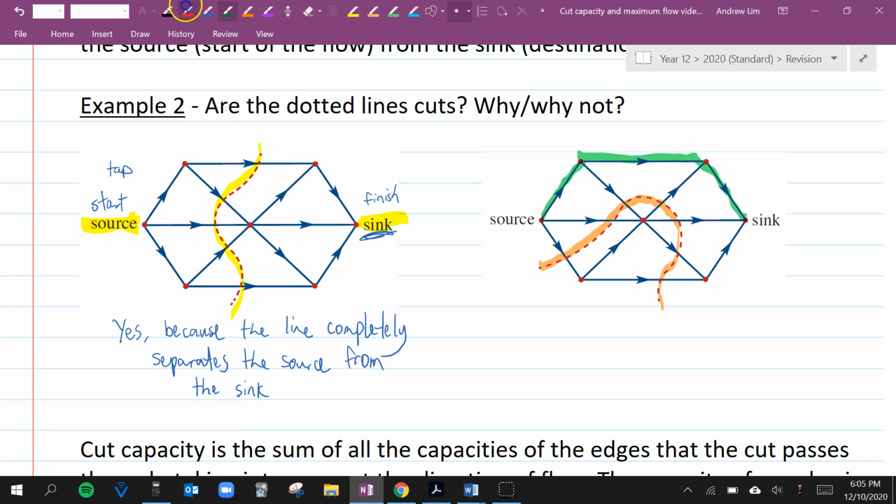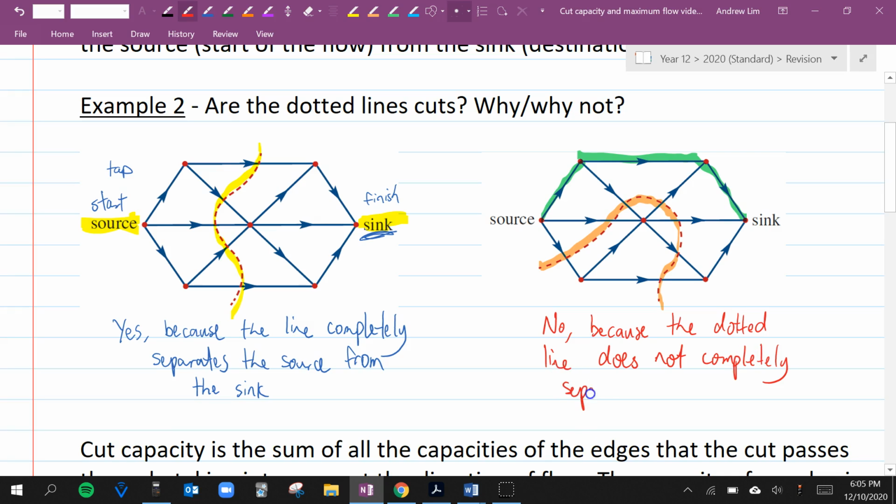So, no, because the dotted line does not completely separate the source from the sink.